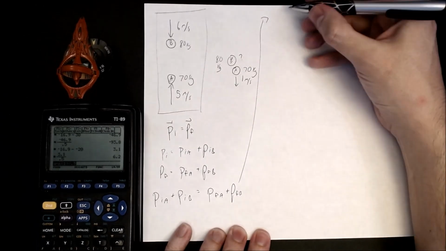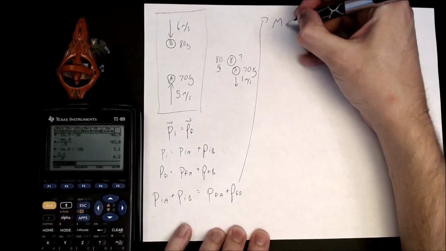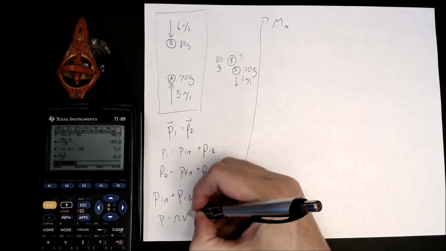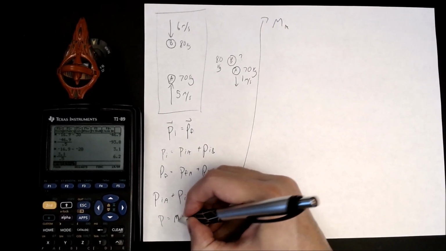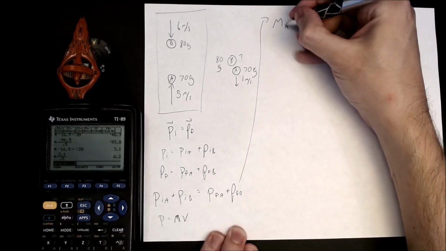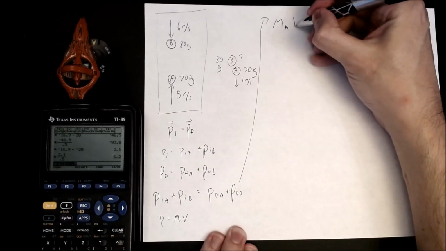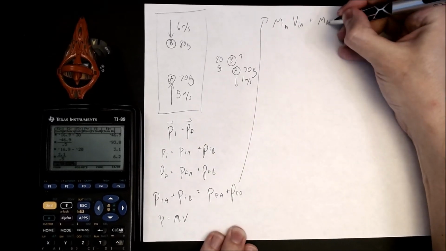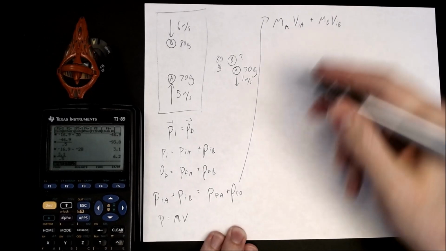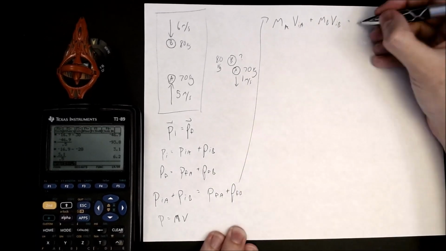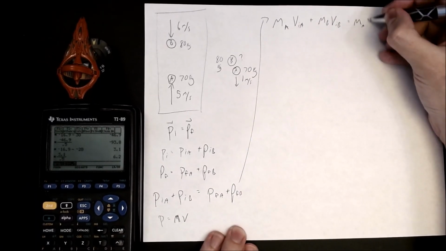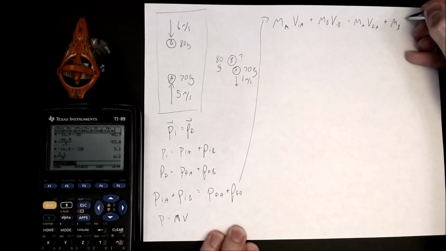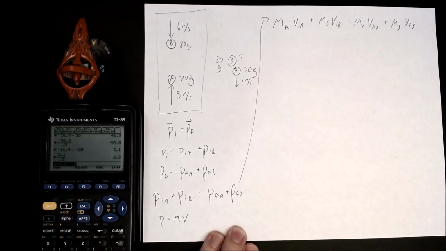Go up here and say mass of Alfred, because momentum is mv. Like that, we can say that the mass of Alfred times velocity initial of Alfred plus the mass of Bruce times velocity initial of Bruce is equal to the mass of Alfred times velocity final Alfred plus mass Bruce times velocity final Bruce.